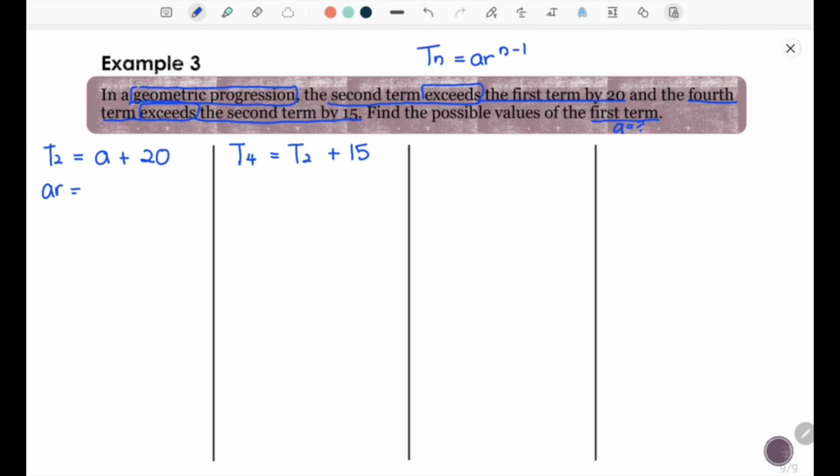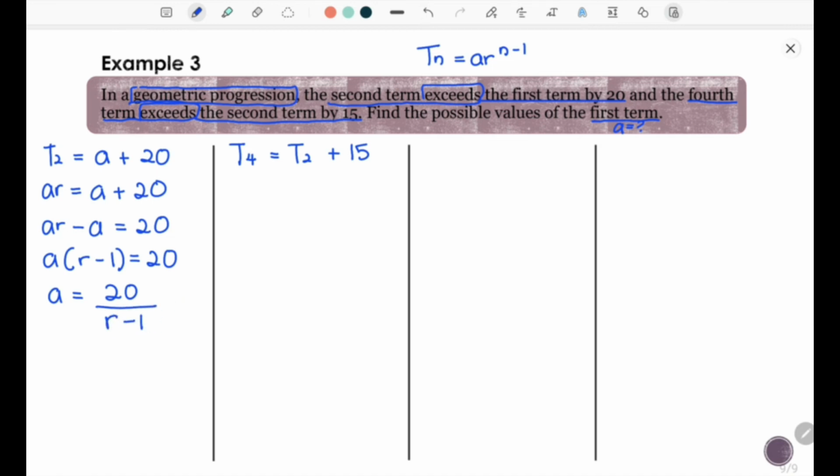So we have ar equal to a plus 20. Now I will rearrange this equation to be ar minus a equal to 20. Now we can try to factorize a. So you get a times r minus 1 equal to 20. And I will let a be the subject. So we have a equal to 20 divided by r minus 1 for the first equation.